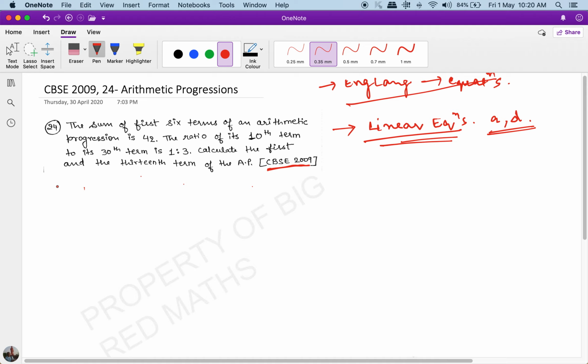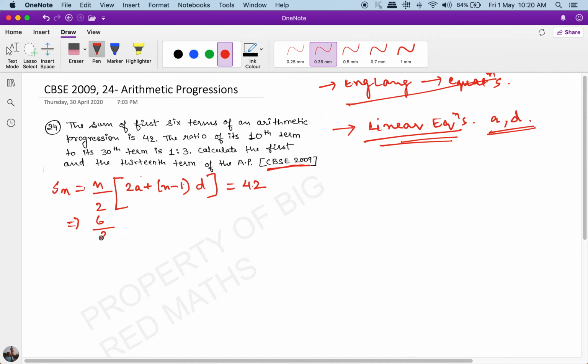So it says the sum of the first six terms of an arithmetic progression is 42. This is our condition one. So Sn is equal to n upon 2 multiplied by 2a plus (n minus 1) into d, is equal to 42. If I solve this further, what I get is, first six terms, so n is equal to 6.